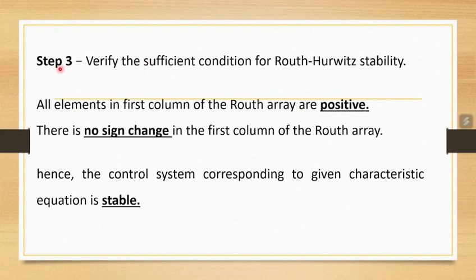That will be our step 3, where we verify the first column elements. Since all the elements are positive and there is no sign change in the first column of the Routh array, we can say the given characteristic equation, or the control system corresponding to it, is a stable one.